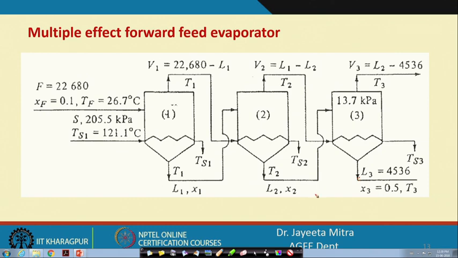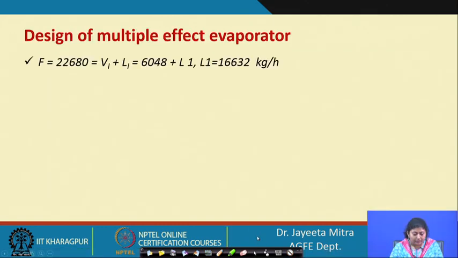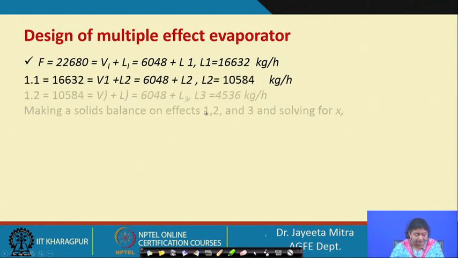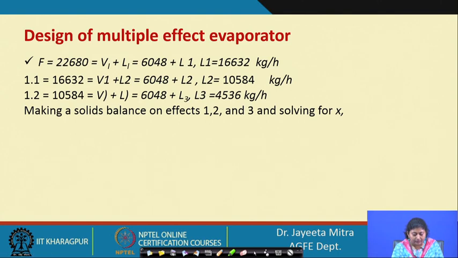Okay. So, we need to calculate TS3, TS2 and TS1. We have calculated T3, now we will calculate T2 and T1. How? Because we need to identify the boiling point elevation in all the effects. So, we will first calculate L1 and do the balance on L1. L1 equals V1 plus L2, so L1 is 6048 plus L2.